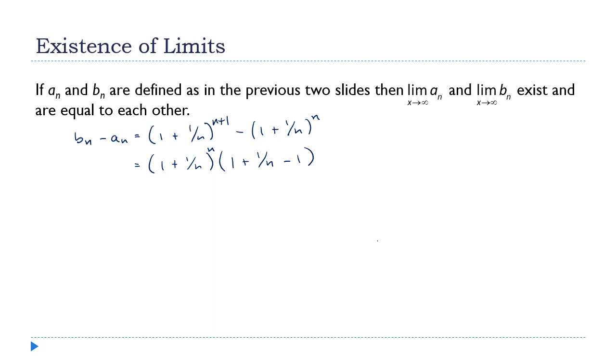This piece here is just 1/n. So this is (1 + 1/n)^n times 1/n. And this first piece here, that's just a_n again. So this is a_n over n.